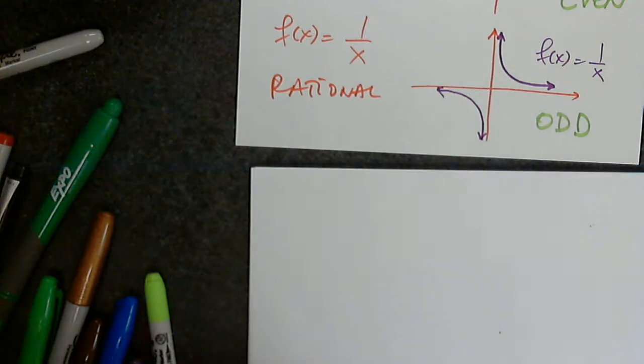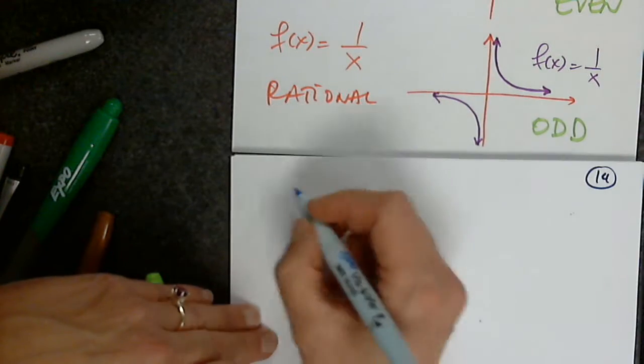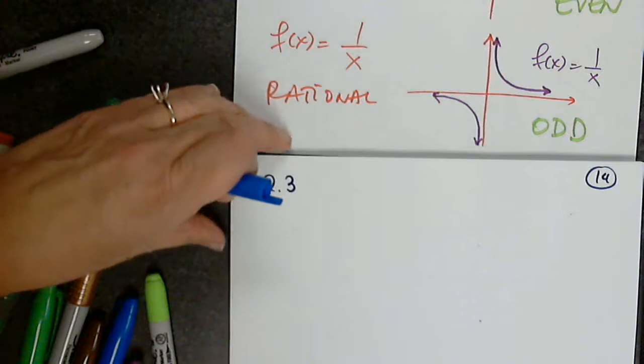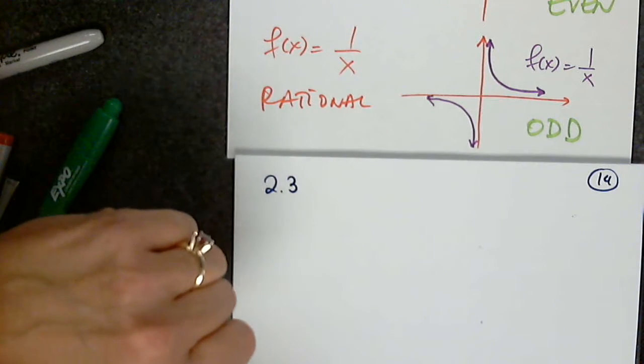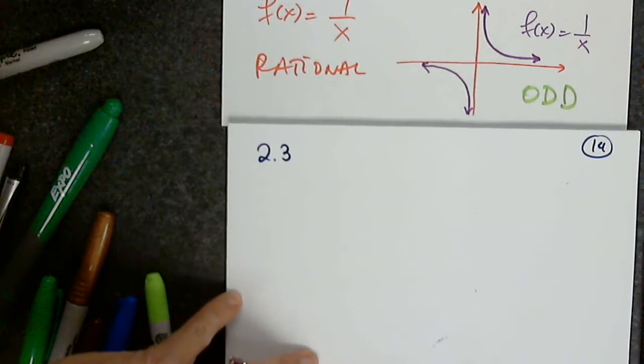Good. So let's continue with 2.3. This section is called getting information from the graph of a function.